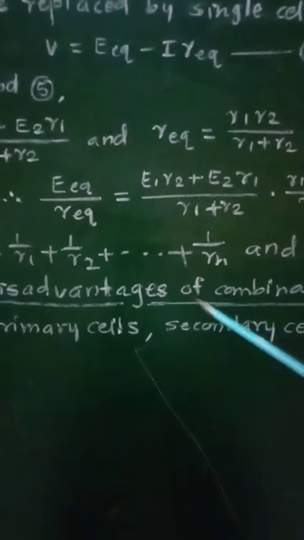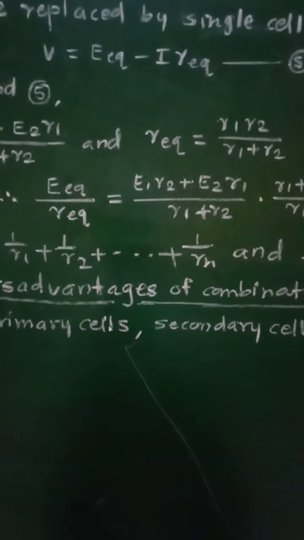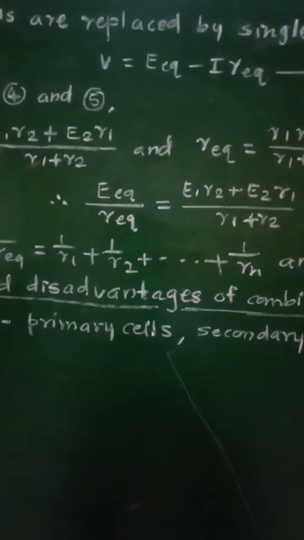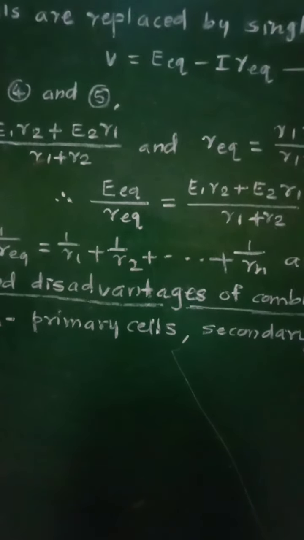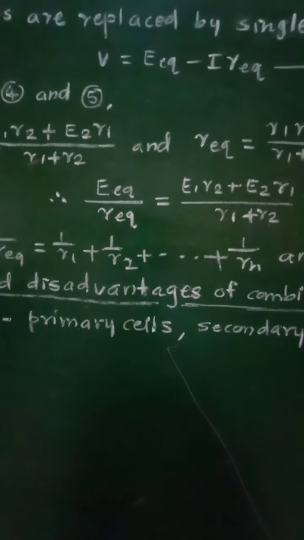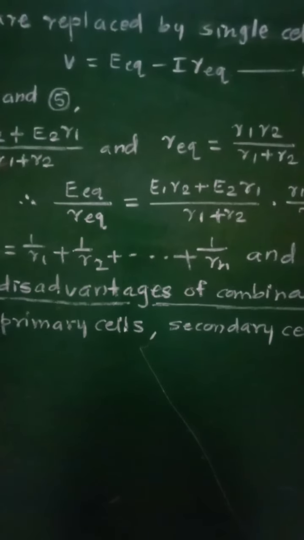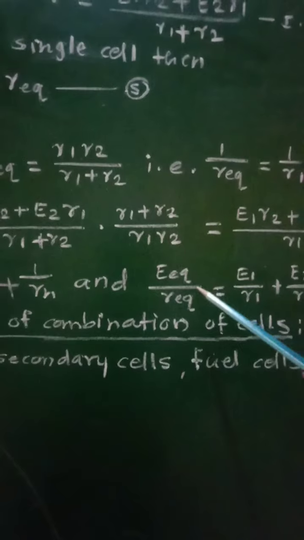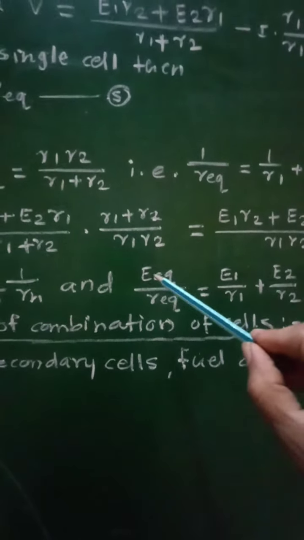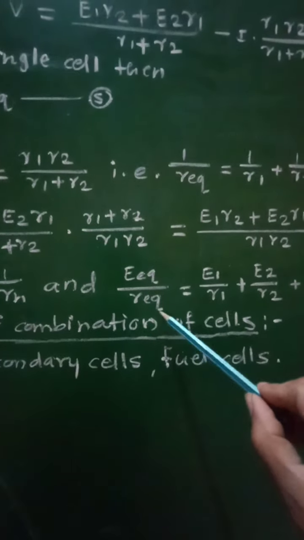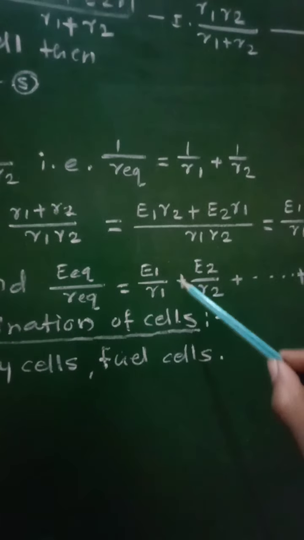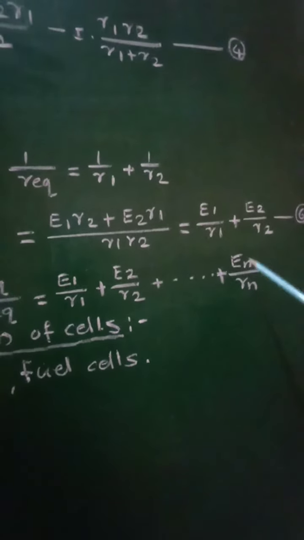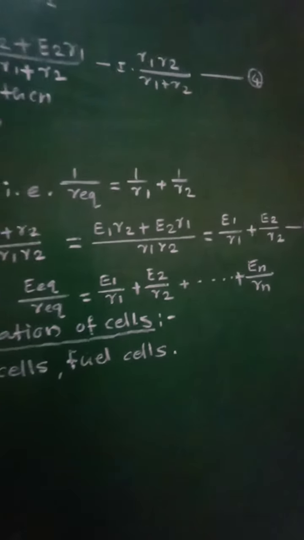This relation we have already seen: when resistances are connected in parallel, the reciprocal of their equivalent resistance is equal to the algebraic sum of the reciprocals of individual resistances. And the ratio E equivalent to R equivalent will be given as E1 by R1 plus E2 by R2 plus up to En by Rn.